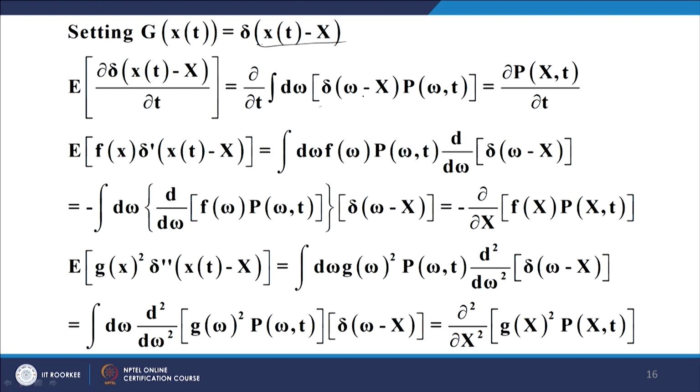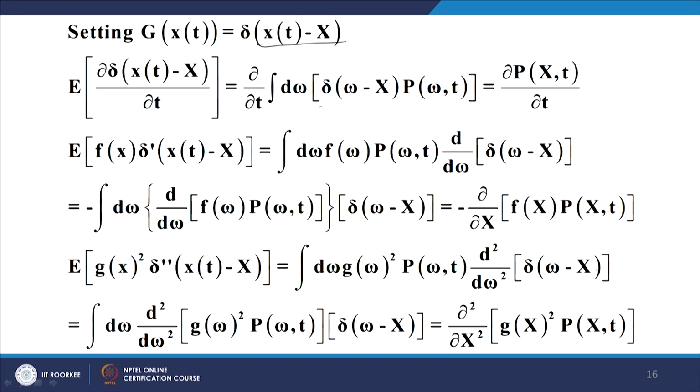For the second term, f x delta dash x minus X, we do an integration by parts. When we do an integration by parts, the derivative shifts from the delta function to the first function, and we end up with this particular expression.